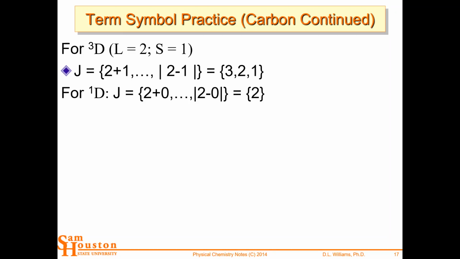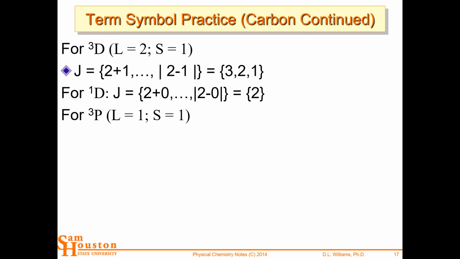Now for the singlet D, L is equal to 2, S is equal to 0. And so 2 plus 0, 2 minus 0 are the same. So your max is equal to your min. You just have one item in that set. So a singlet D2 would be the only piece in that particular part of our term symbols, and that would be it.